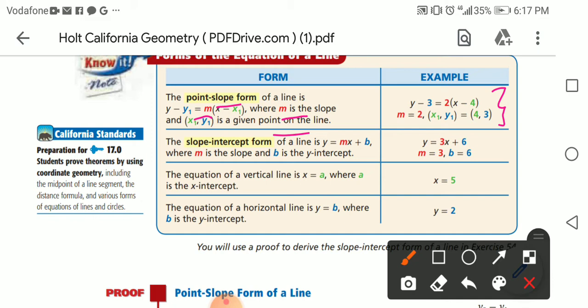I have y minus 3 equals 2, in red here, which is m, the slope, times x minus 4. Here x minus 4 stands for x sub 1. Here I have also m equals 2, and x sub 1, y sub 1 equals 4, 3, the ordered pair 4 and 3.